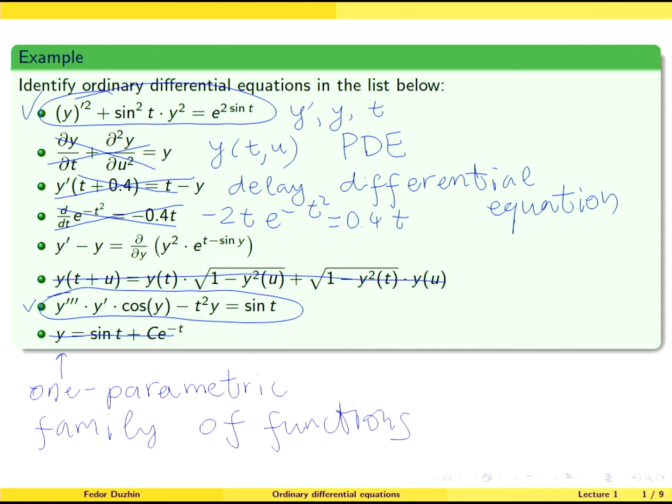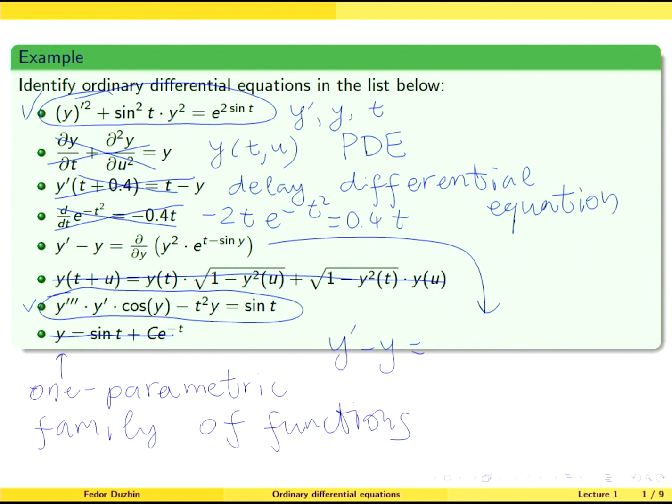Well, so the remaining equation is y prime minus y equals d over dy of y squared times e to the t minus sine y. Let me rewrite it. The left hand side is y prime minus y, and the right hand side, notice that we can just explicitly calculate it. We just need to take this expression and differentiate it with respect to y. Right, so what are we going to get?